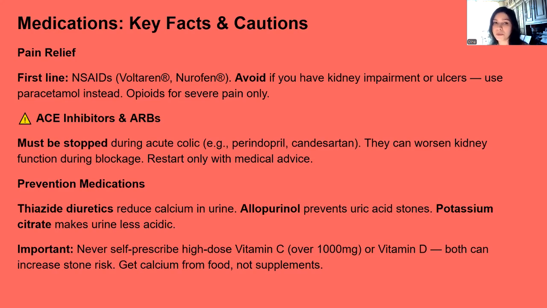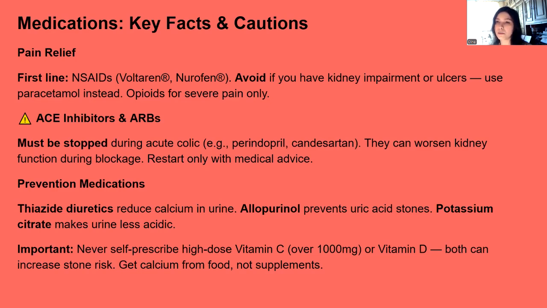What about preventive medications? If a person has a high calcium level in urine, we can give thiazide diuretics. If you have high uric acid, for example a person having gout, we can give allopurinol for prevention.